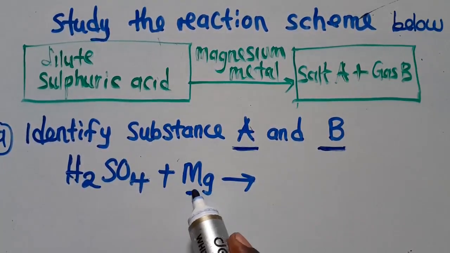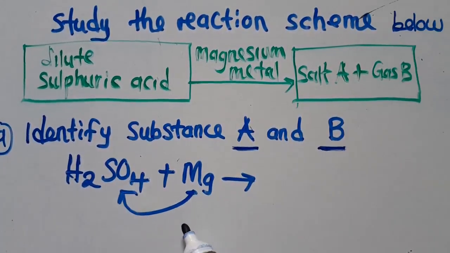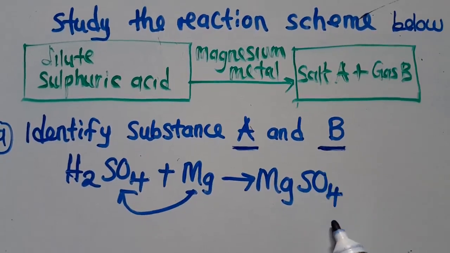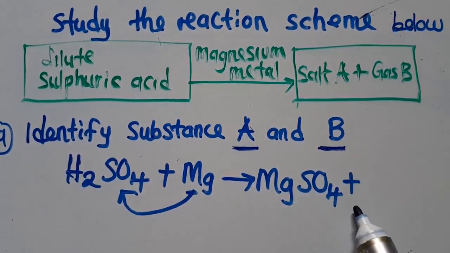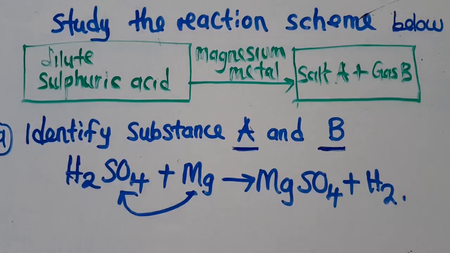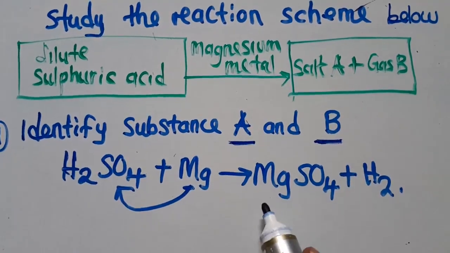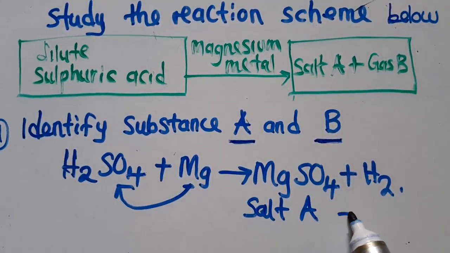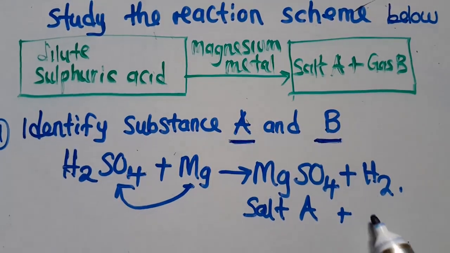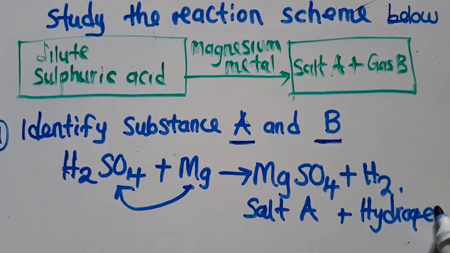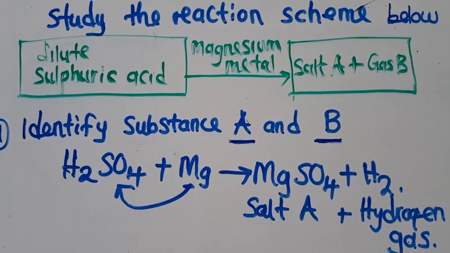This is magnesium, so it will be magnesium sulfate, plus hydrogen gas. So this is what we are calling salt A, plus hydrogen gas. This is how you need to do it.